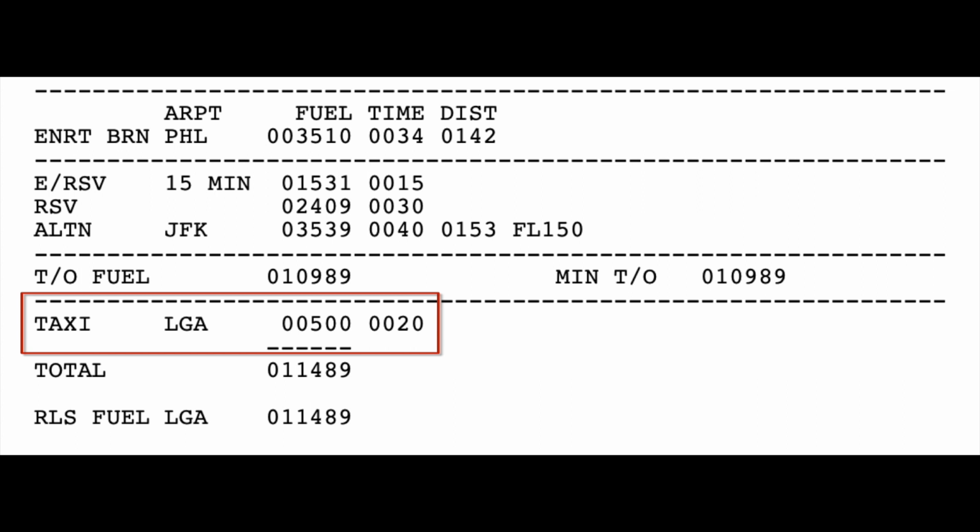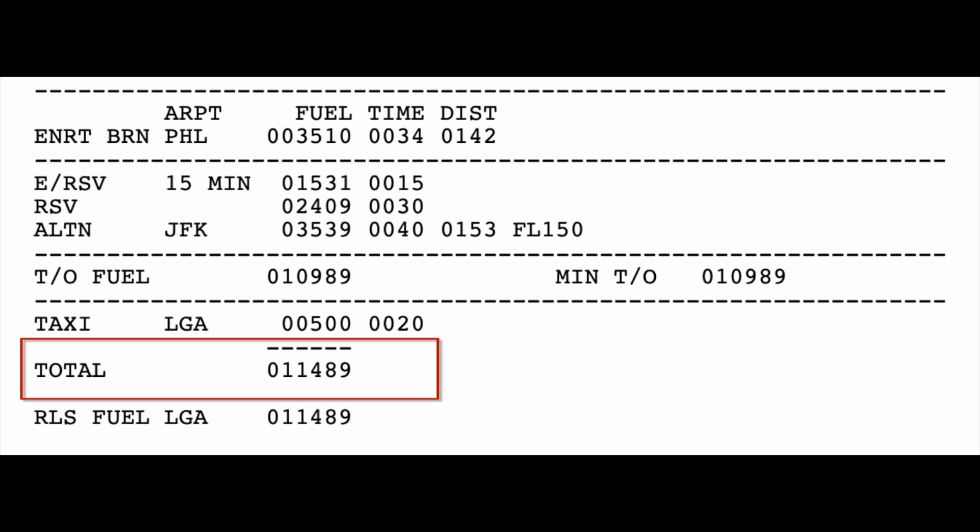This gives us up to 20 minutes from the gate to takeoff. Adding the takeoff fuel and taxi fuel together gives us a planned fuel load of 11,489 pounds.